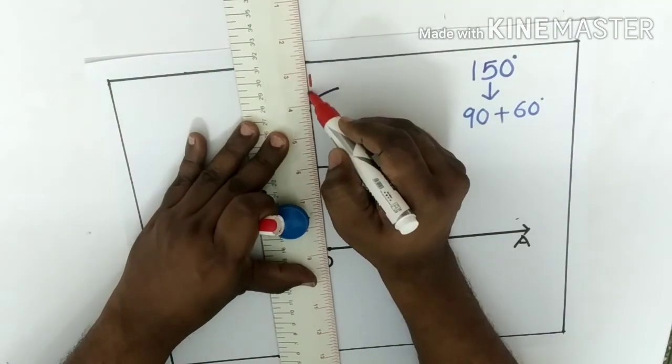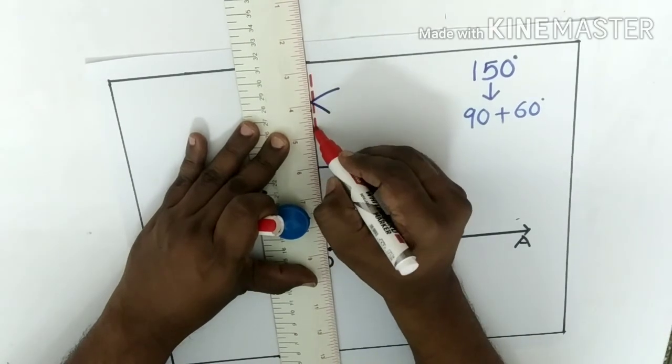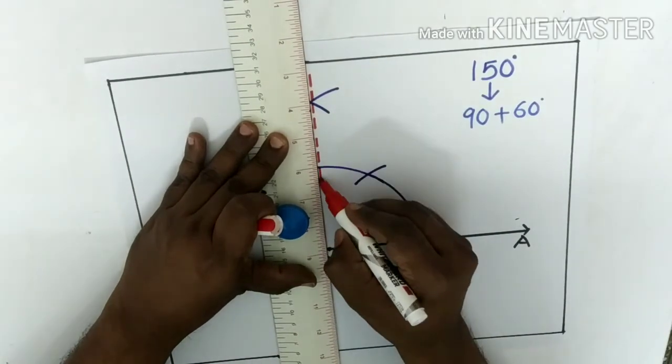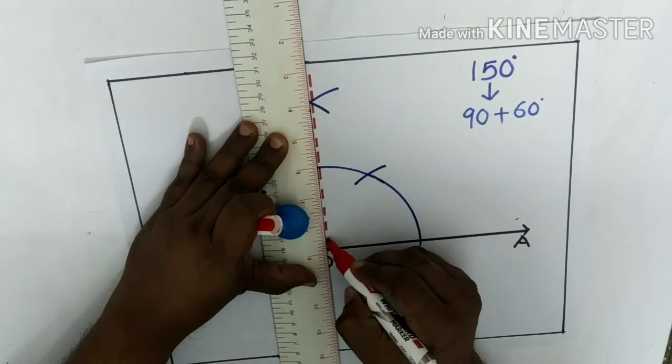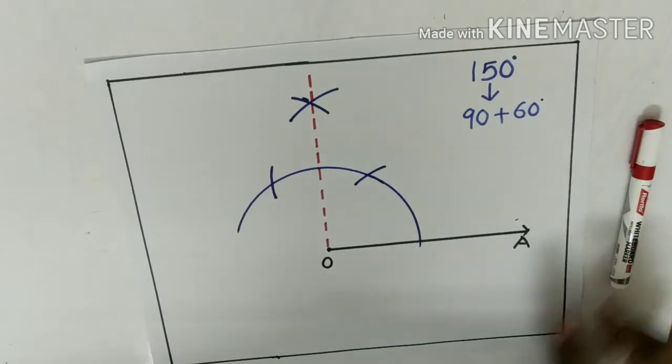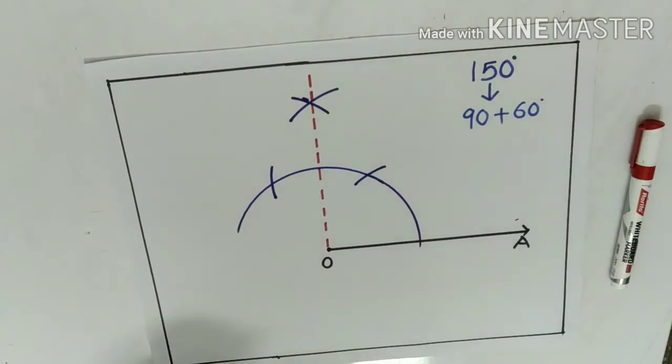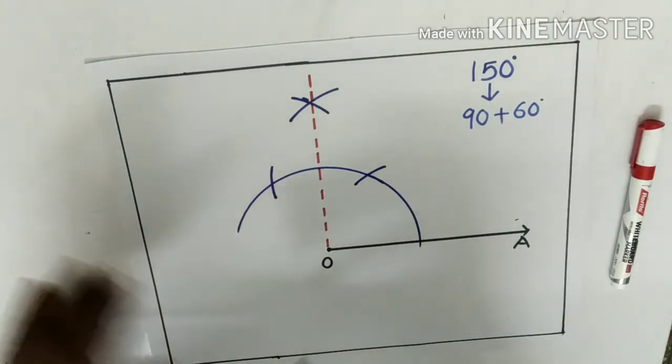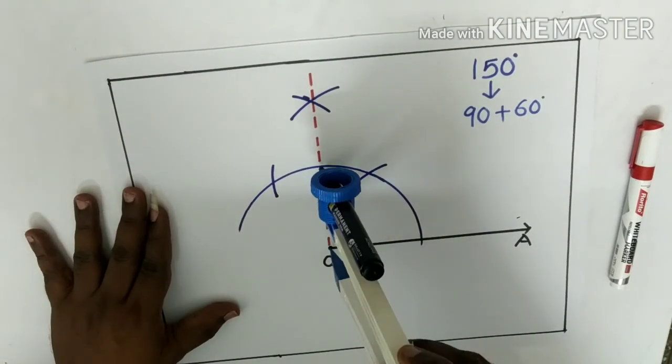So draw a dotted line. This is 90 degrees, dotted line. Now 60 degrees I want. 60 degrees means it's an equilateral triangle. I am not going to disturb this.